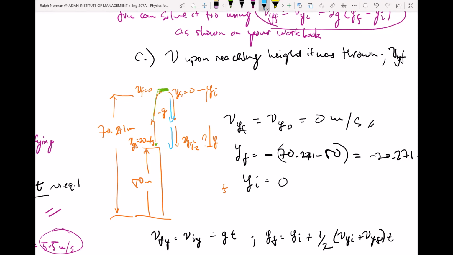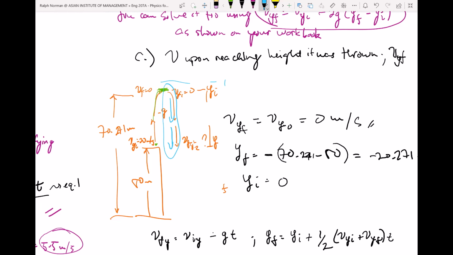Now we're asking about this part. From this point on, you will make use of these systems here. Your previous final velocity of 0 is now your initial velocity going down, so that will be 0. And then we're being asked what is your final velocity, which was your previous initial velocity.